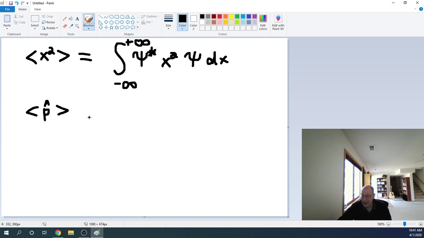In quantum mechanics, the momentum operator is not just a number, it's actually an operation. It's negative i times h bar times the derivative with respect to space.